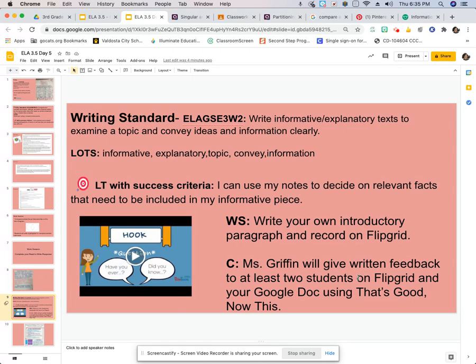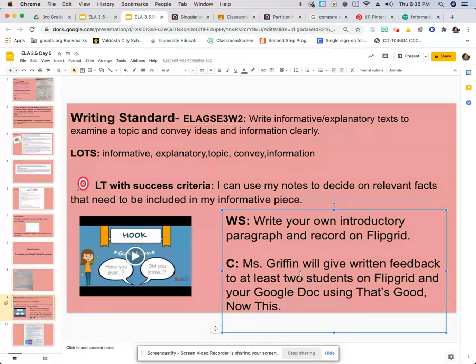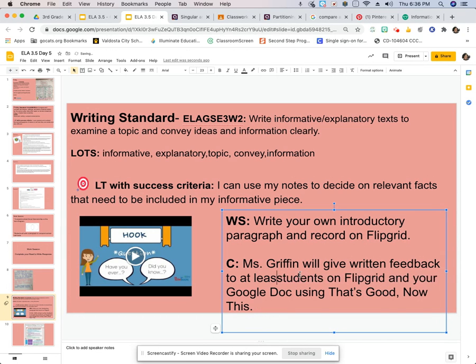I'll give everybody written feedback. So I'm going to change this. Ms. Griffin will give feedback to all students on Flipgrid and on your Google Doc. I'll tell you what's good and what you need to work on in a comment.